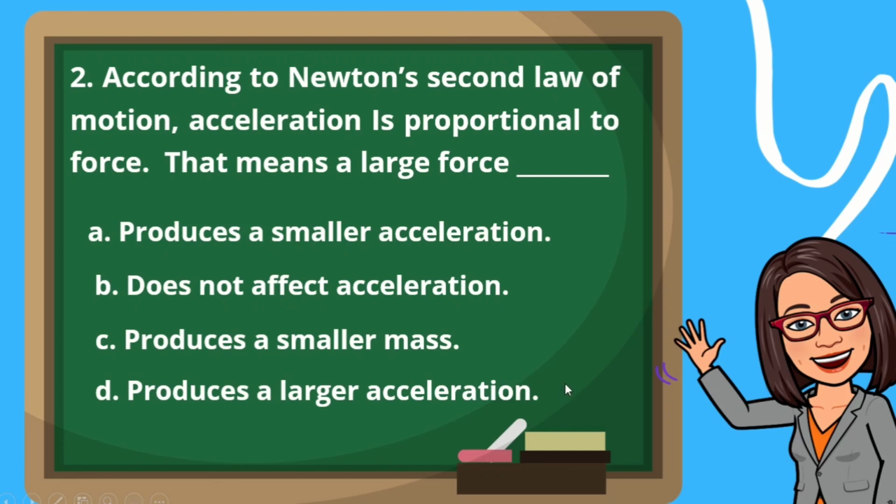Again, according to Newton's second law of motion, acceleration is proportional to force. That means a large force, A, B, C, and D. You have 5 seconds. 5, 4, 3, 2, and 1. The answer is letter D.